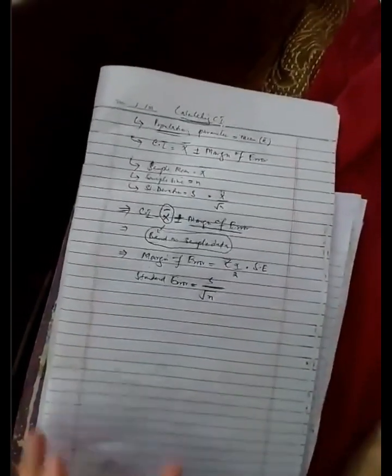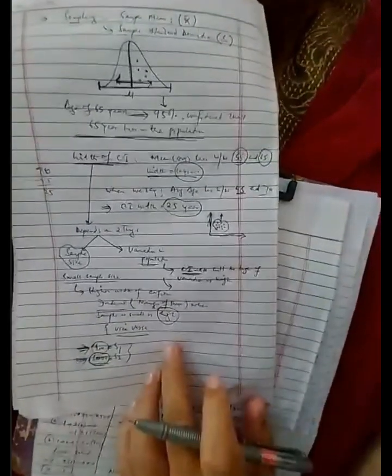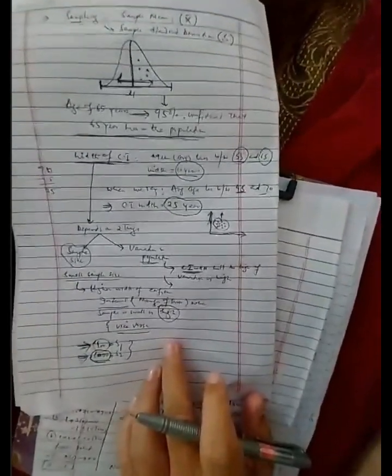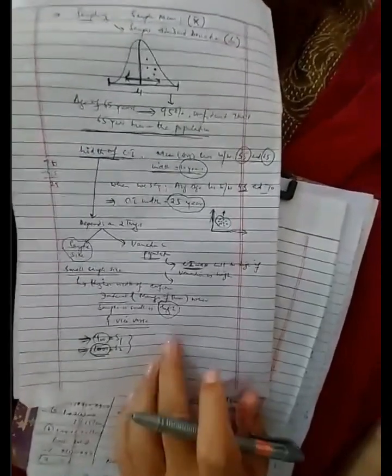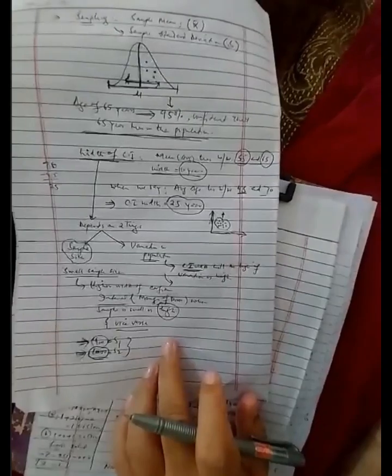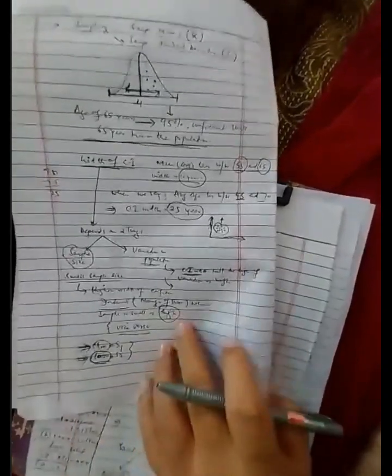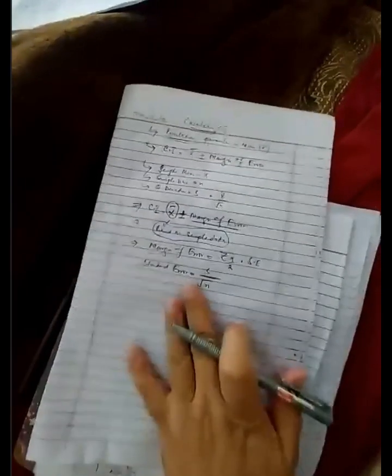What we said previously is that if the sample size is high, then we have more information, the standard error will be less, and we will be more confident in finding the confidence interval. So here is the part.